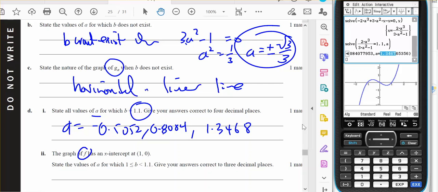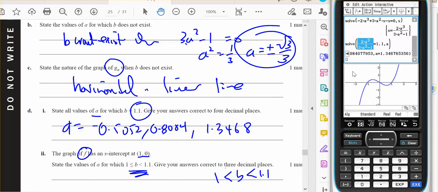The graph of f of x has an x-intercept at 1 and 0. State the value of A for which B goes between those two values. So B goes from 1 to 1.1.